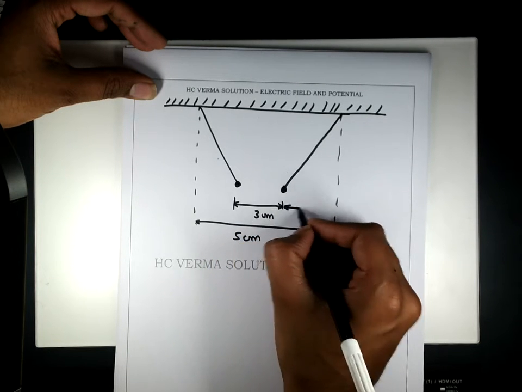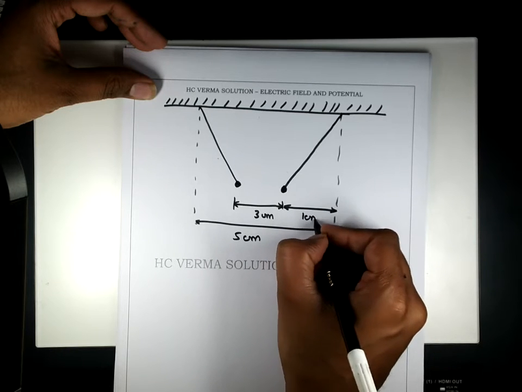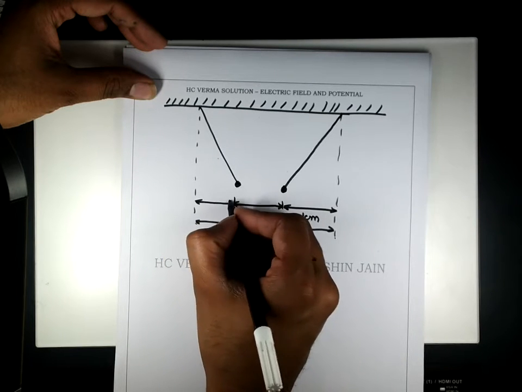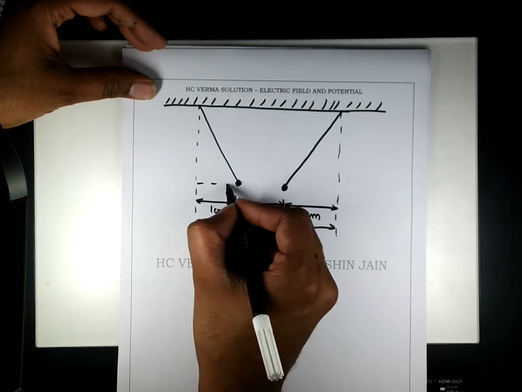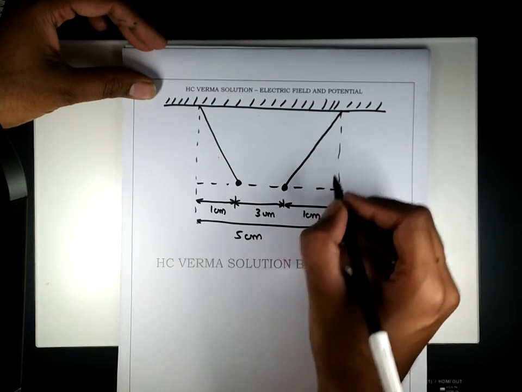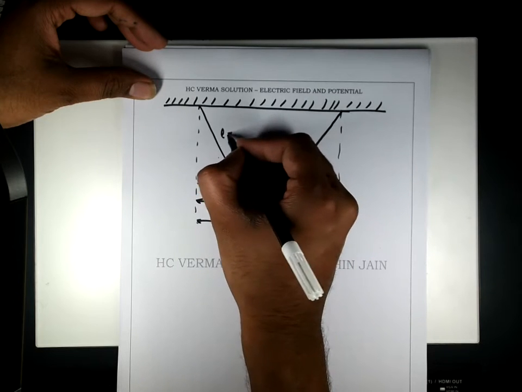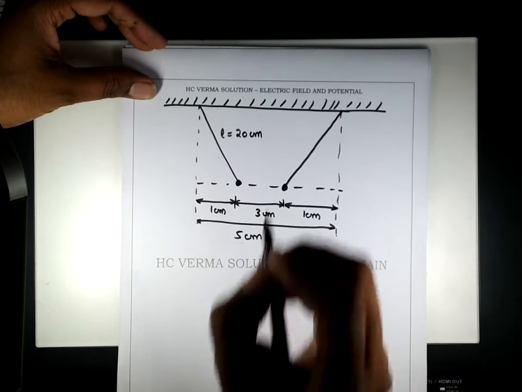Due to symmetry, on one side this distance would be 1 cm and on the other side also the distance would be 1 cm. This is the proper scenario, and the length of the strings is given as 20 cm.